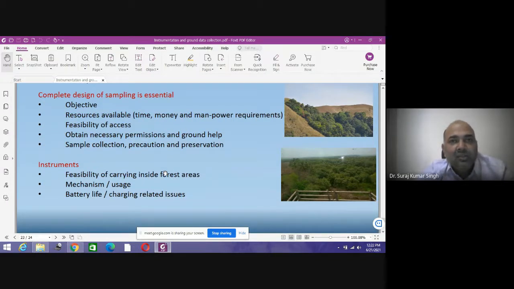Try to keep cables to a minimum, since an external source of energy is not available in the field, so try to avoid all sorts of instruments which require external power. Nowadays very limited instruments are there, and you have to have a proper battery backup.